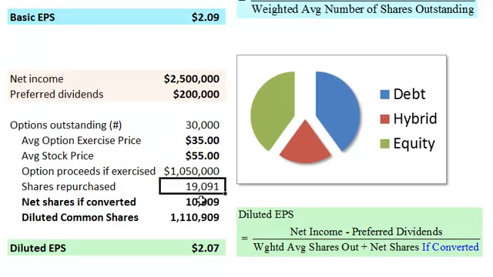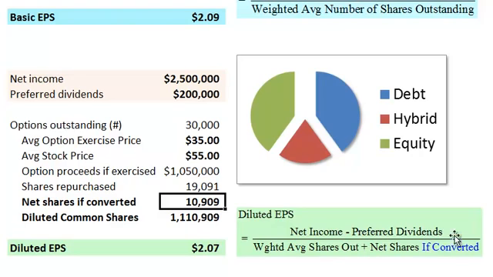And so what's the net share dilution under an if converted basis? Well, it's the 30,000 options that would be newly created if those options were exercised. However, the cash proceeds would allow the company to repurchase 19,000 shares. So it's not the full 30,000 in dilution, but a net dilution or net additional shares of 10,909.